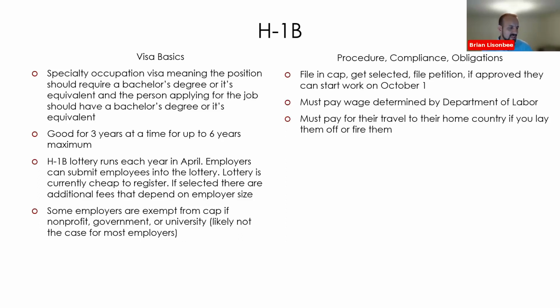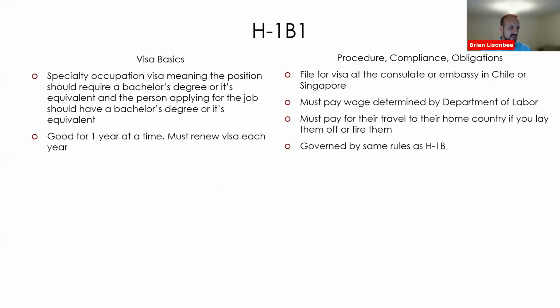So it can be a little bit more expensive, but it's not a bad option if you're hiring someone in a specialty position, which means the position must require a bachelor's degree or equivalent, and the person has a bachelor's degree or its equivalent. Not as common of an option for most of my ag clients, just because a lot of the labor they're looking for isn't in specialty occupations, but we do see this option leveraged a little bit in the ag industry.